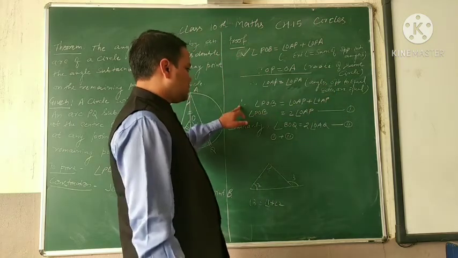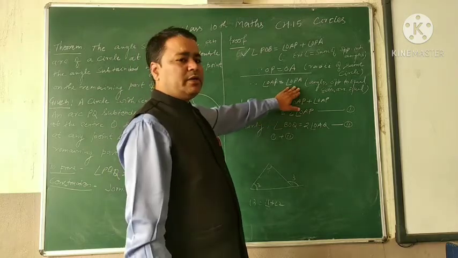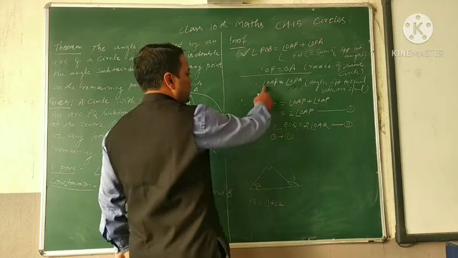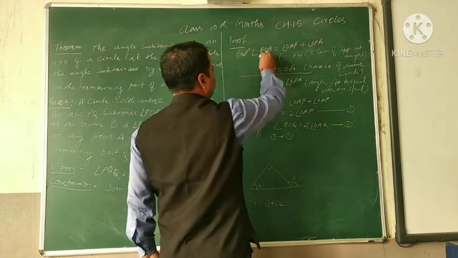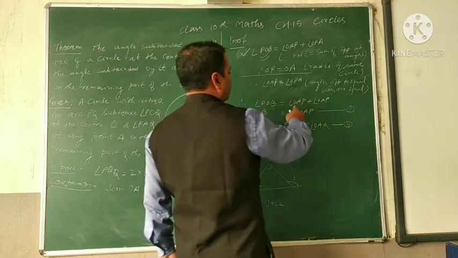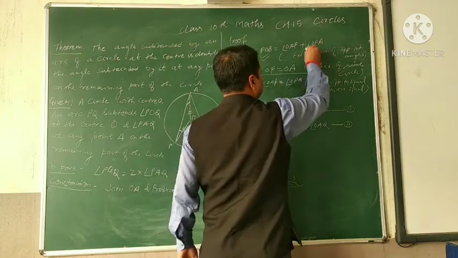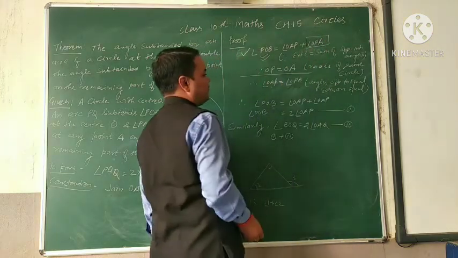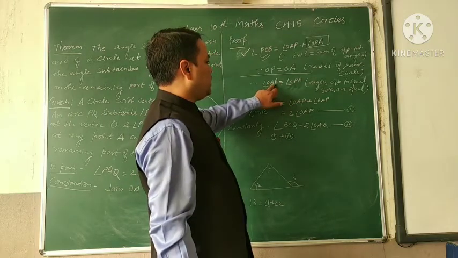Now, since these two angles are equal, means OAP is equal to OPA, if we want to write angle POB, the first one is OAP, there will be no change, but we change OPA because OPA is equal to angle OAP.